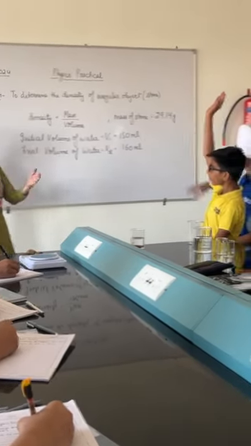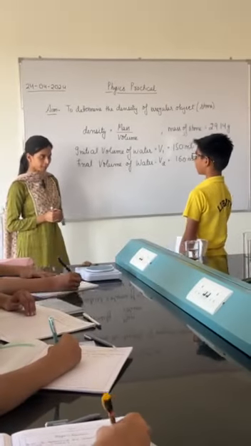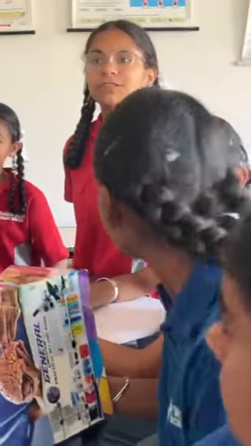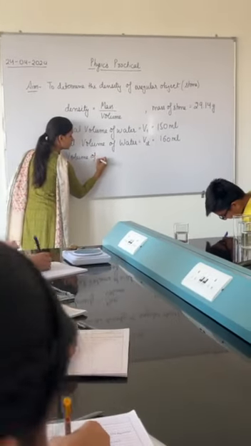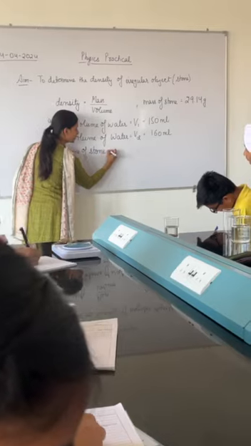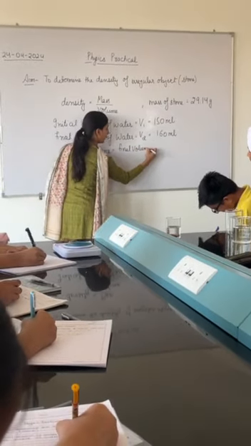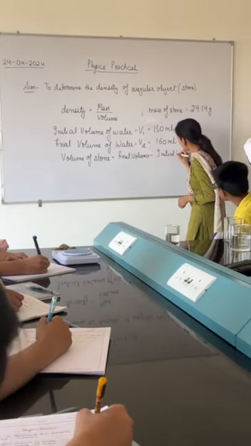Now, how will we find the volume of stone? V2 minus V1, final volume minus initial volume. So volume of stone equals final volume minus initial volume.